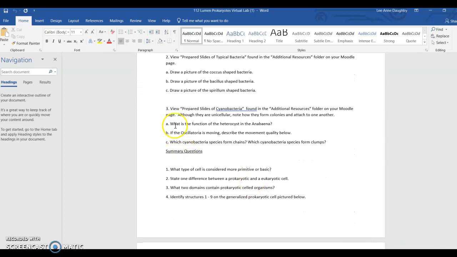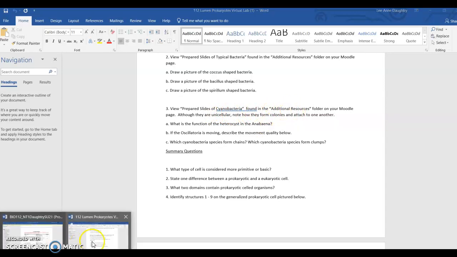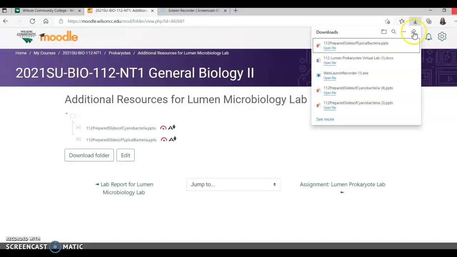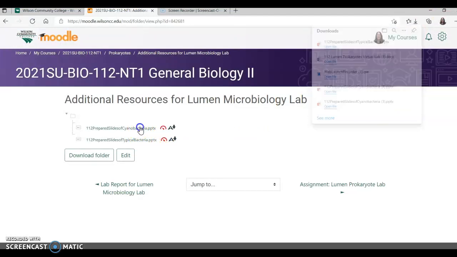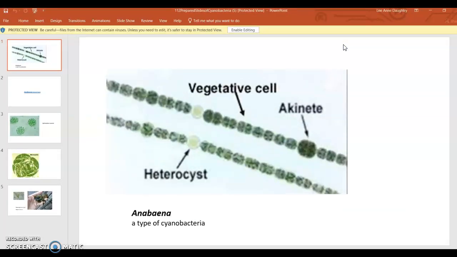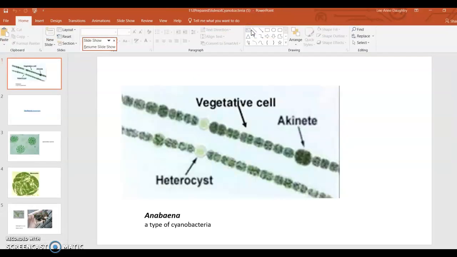All right, then the prepared slides of cyanobacteria are also found in the additional resources folder. So we'll go back to the additional resources folder and click on prepared slides of cyanobacteria. And there are going to be questions on the different types of cyanobacteria. This one is called Anabaena, and it grows in long filaments.